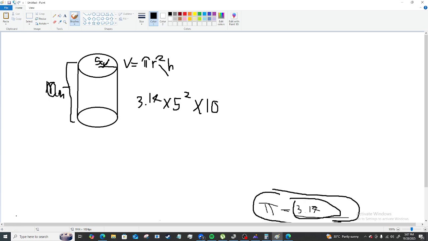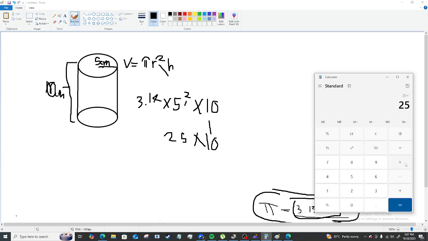Alright, we're gonna solve this first. 5 times 5 equals 25 times 10. 25 times 10 is 250.